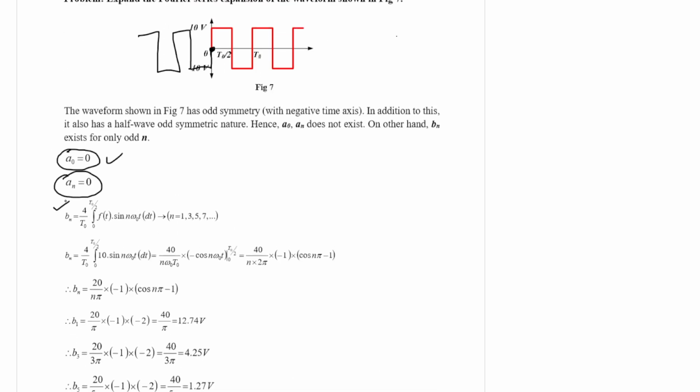Now, in addition to that, it will also possess the property of half wave odd symmetry. That means f of t plus T0 by 2 is equal to minus f of t.